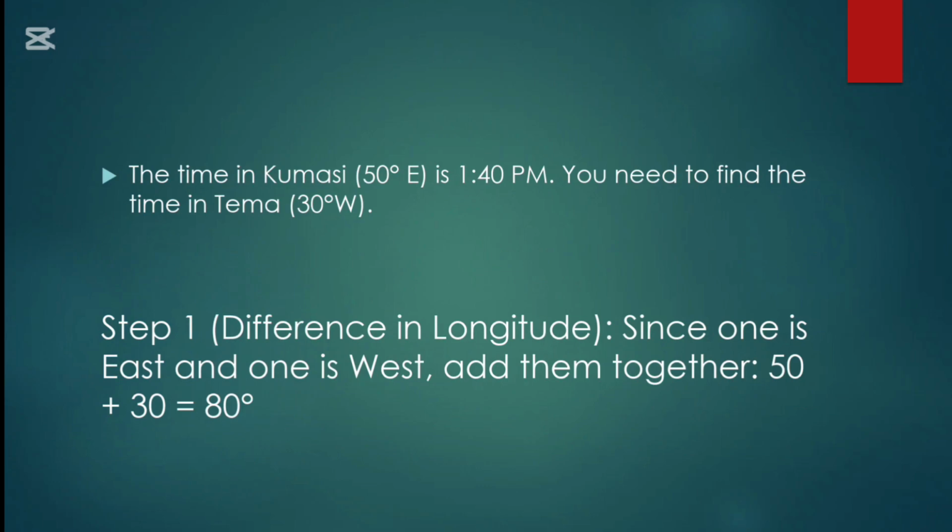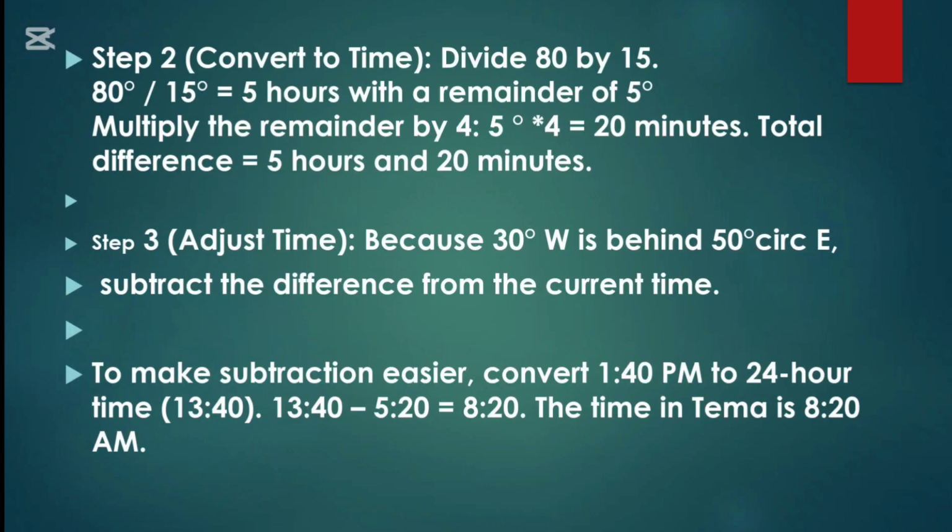Now that we have our longitudinal difference, we divide it by 15, and it's going to give us 5 hours with remainder 5. Yes, if you divide 80 by 15, you are going to get 5 hours. That is a solid 5 hours, and you have a remainder. Sometimes if you use a calculator, you get 5.3333, and it becomes challenging converting that 3333 into degrees.